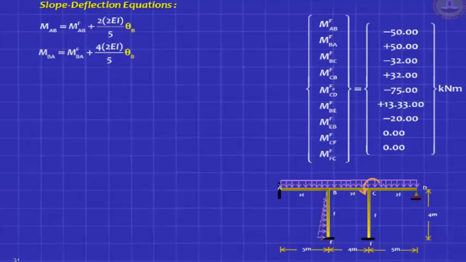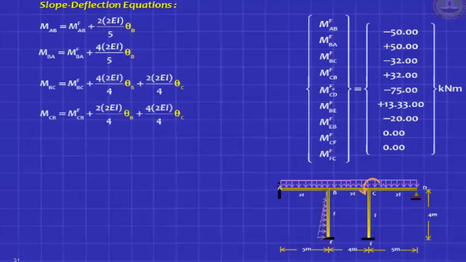Okay, otherwise you'll make a mistake. AB has an EI of 2 EI, and its L is 5 meters. Similarly, write for BC. Okay, in BC, both theta B and theta C will have a role. Both are unknown. And write for CD. For CD, you have to write MF naught CD plus 3 EI by L. EI is again 2 EI and L is 5 meters.